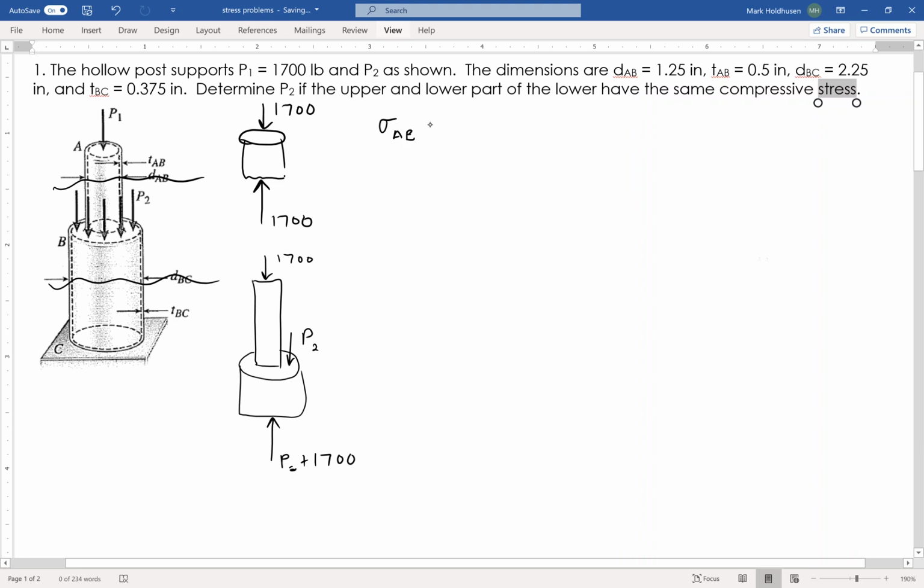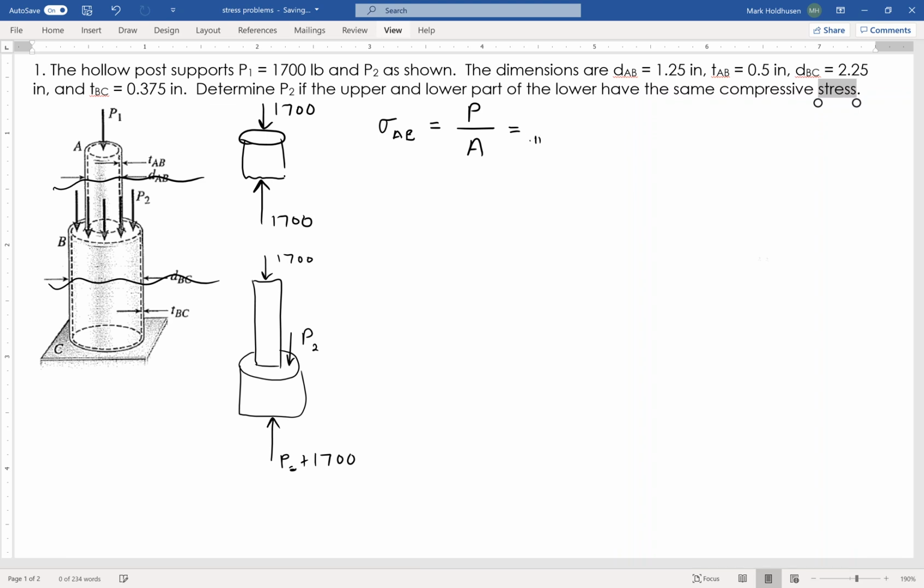Stress is defined by the normal force P divided by the area A. The normal force going through that section is 1,700. The area is the area of the tube. The area of a circle is pi over 4 d squared, but I've got an outer and an inner because it's a tube.